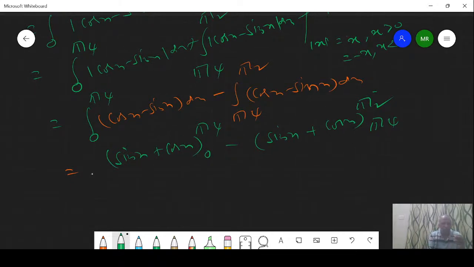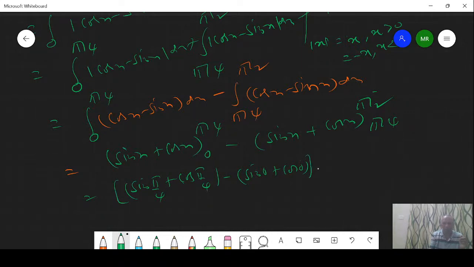Now you simplify. This will be sin pi by 4 plus cos pi by 4, the upper limit, minus the lower limit sin 0 plus cos 0. This is over.